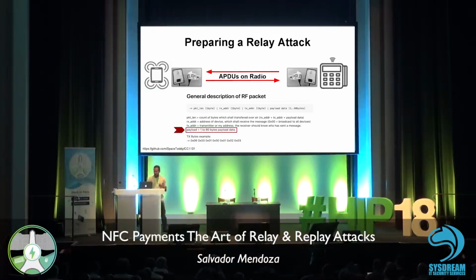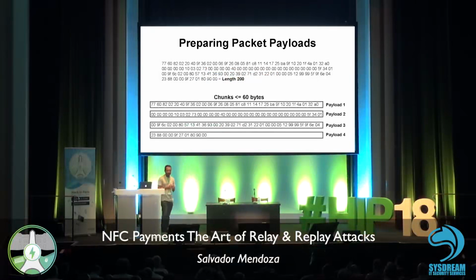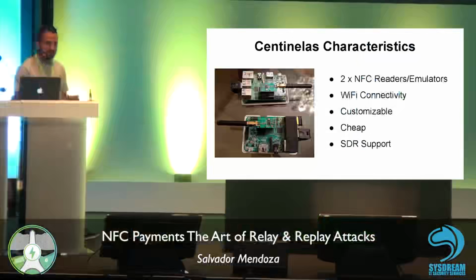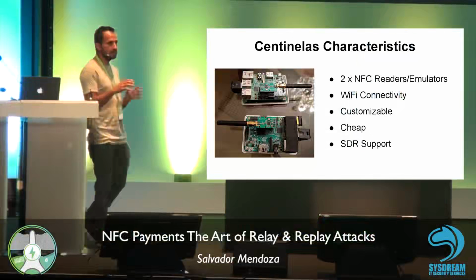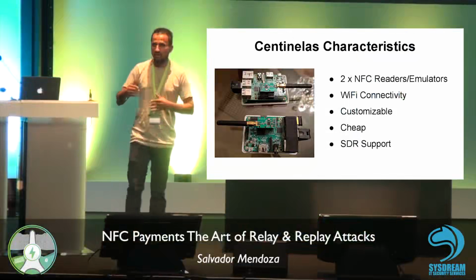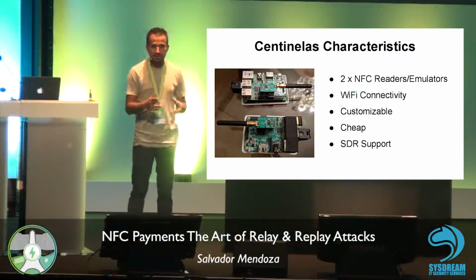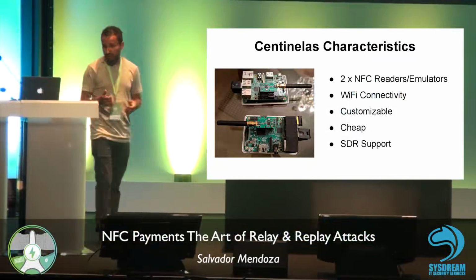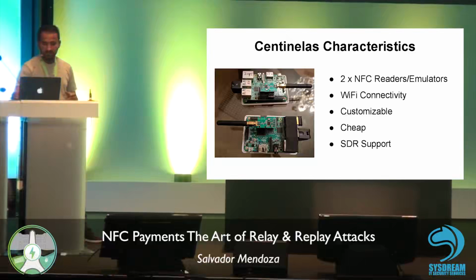So we have an APDU command of 200 bytes, and we need to make chunks of 60 bytes or less. The device has to know how to make the chunks. Of course, if you think about it, this kind of chunking is going to add more delays in the communication. But depending on the implementation of the code, it could be handled differently.